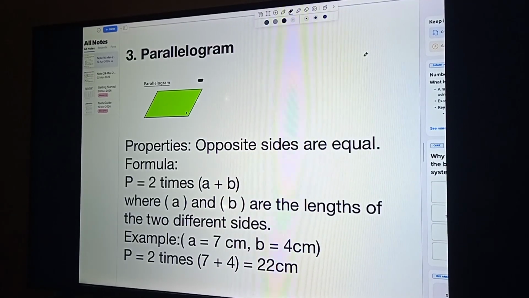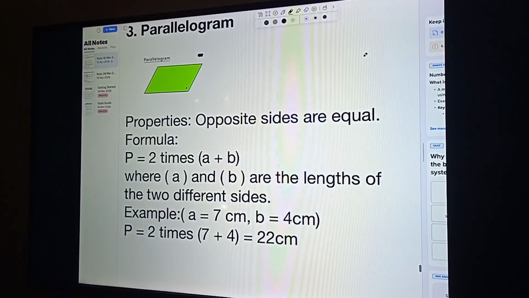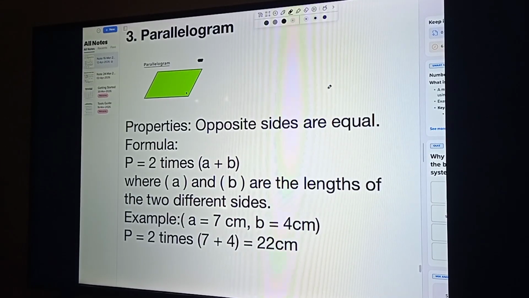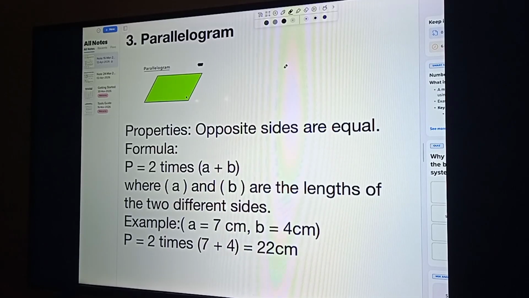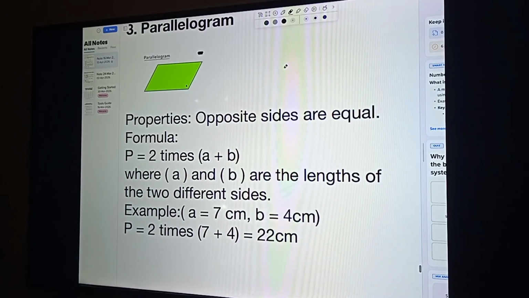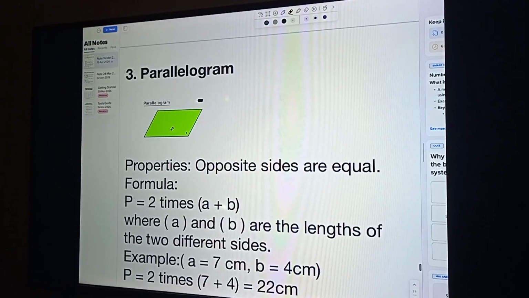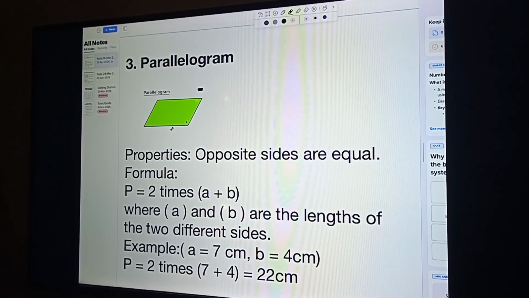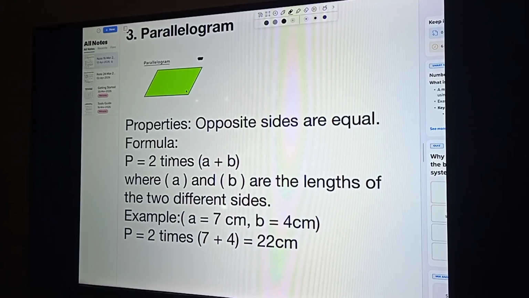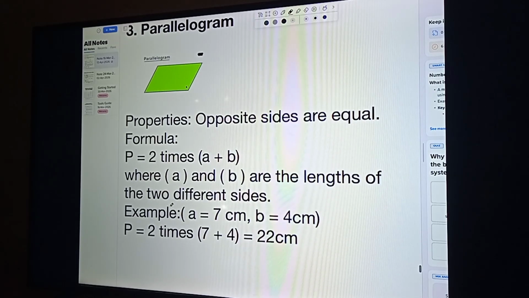Our next shape is the parallelogram. The opposite sides of any parallelogram are always equal. The formula for the perimeter calculation of a parallelogram is 2 times (A plus B), where A and B are the lengths of the two different sides.